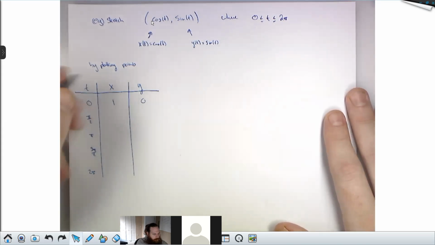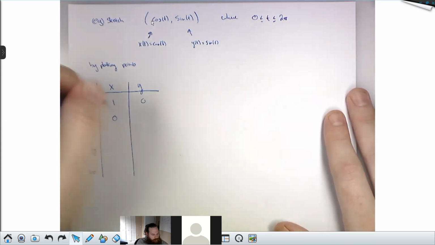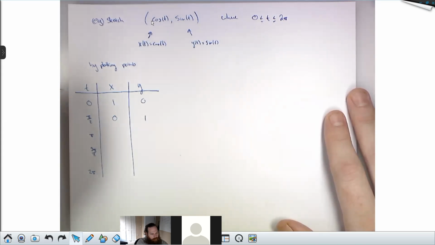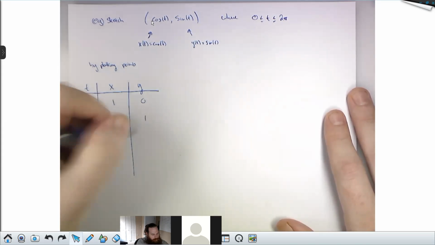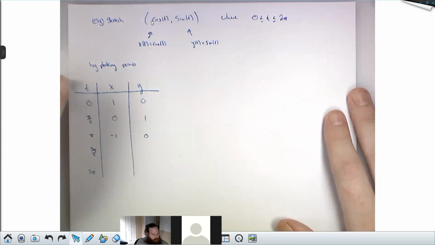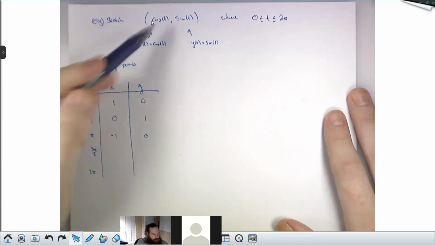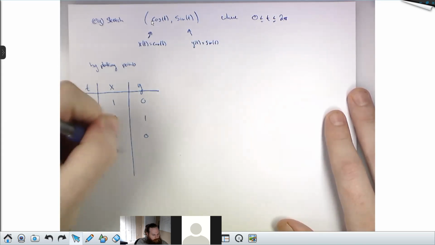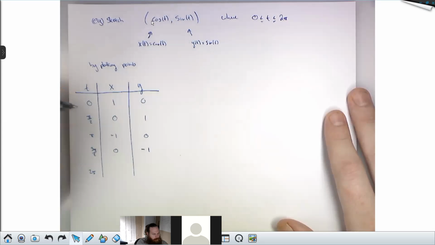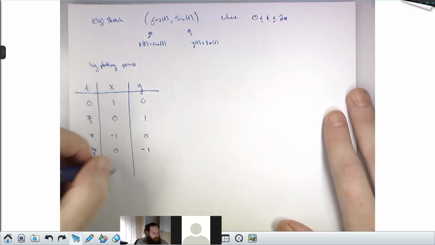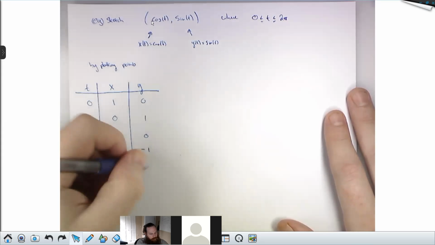When t is pi over 2, cosine of pi over 2 is 0, sine of pi over 2 is 1. When t is equal to pi, the cosine of pi is negative 1, the sine of pi is 0. When t is 3 pi over 2, the cosine of 3 pi over 2 is 0, the sine of 3 pi over 2 is negative 1. And when t is 2 pi, cosine of 2 pi is 1, sine of 2 pi is 0.